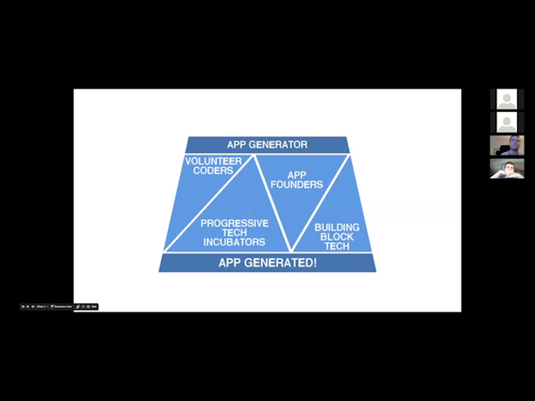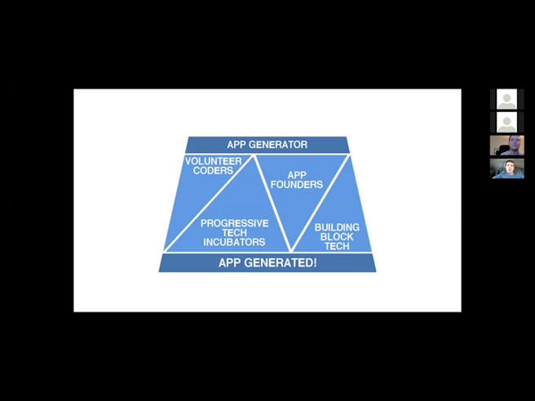And then the progressive tech incubators can help connect the app founders and volunteers to resources to help get their app built, and as a result, the app is generated.